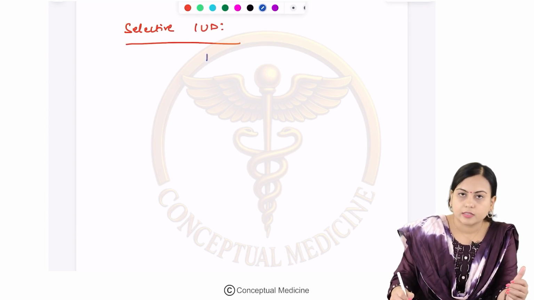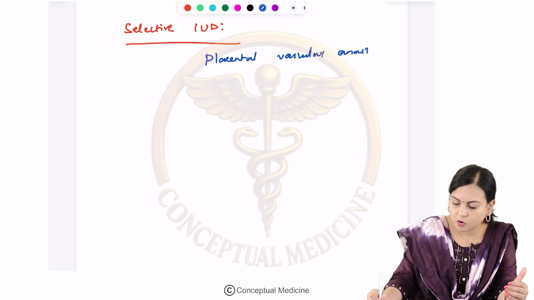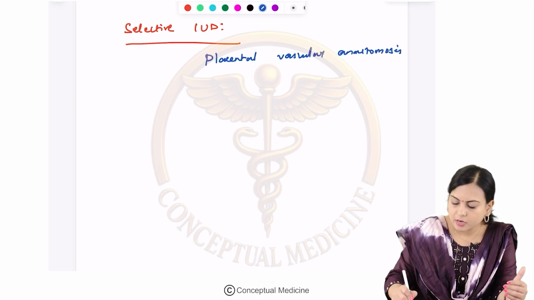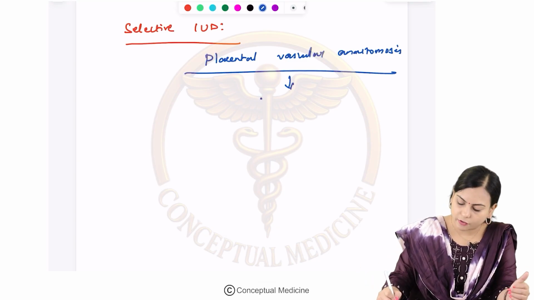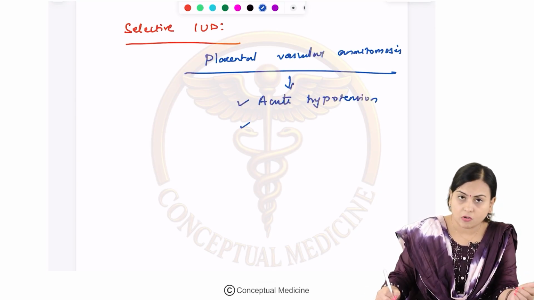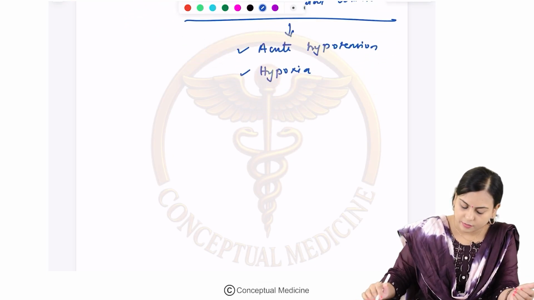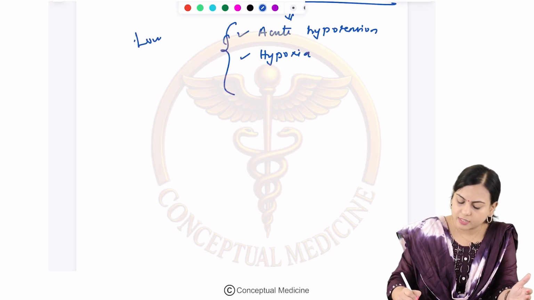See, there can be placental vascular anastomosis present in these complications which we have discussed before. So, due to this, if one twin dies, the surviving twin will go into acute hypotension. There will also be hypoxia in the surviving twin because there will be a sudden low pressure system developing in the surviving twin.